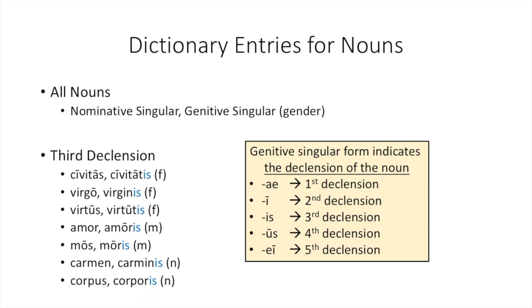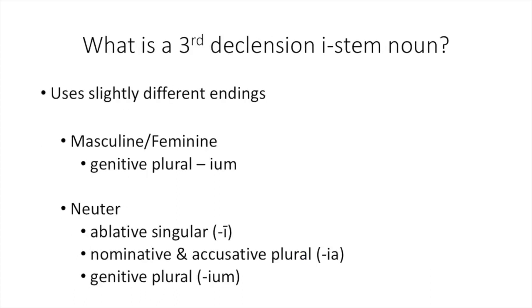So that probably leads you to wonder, what is a third declension I-stem noun? Well, it's a smaller group of nouns within the third declension that uses a slightly different set of endings. For masculine and feminine third declension I-stem nouns, the genitive plural will be ium.